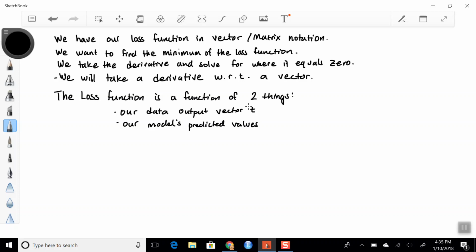It measures the difference between these two things. And the model's predicted values are themselves a function of the input matrix X and parameter vector W.